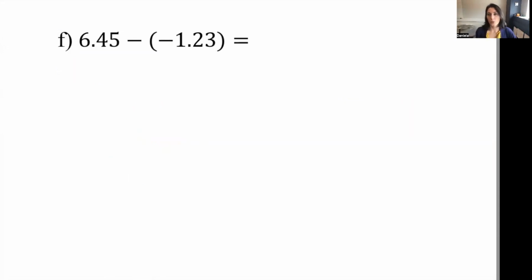So now what happens when you are subtracting a negative? So think about it as when you have 2 minus signs next to each other, they join together and form a positive. So 6.45 minus a negative is the exact same thing as saying 6.45 plus the 1.23, right? These two join together and make a plus sign.